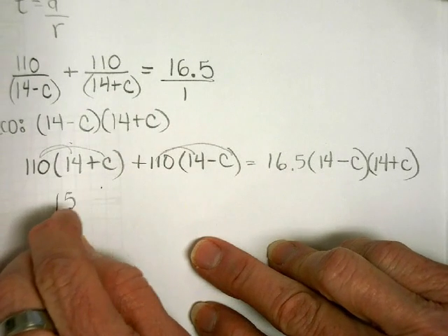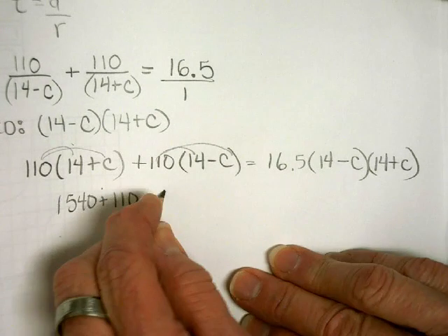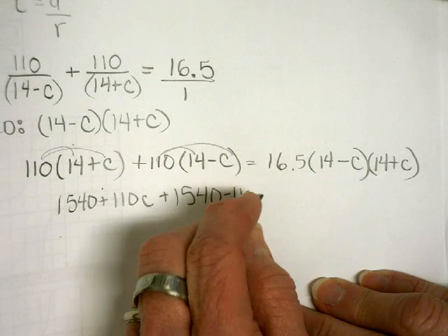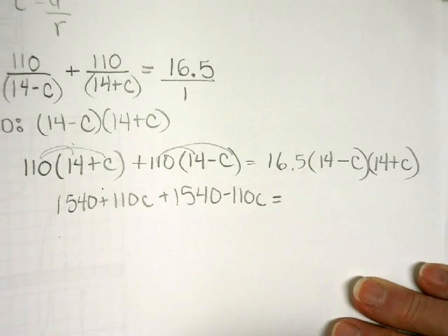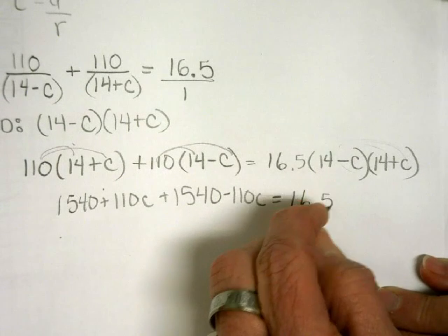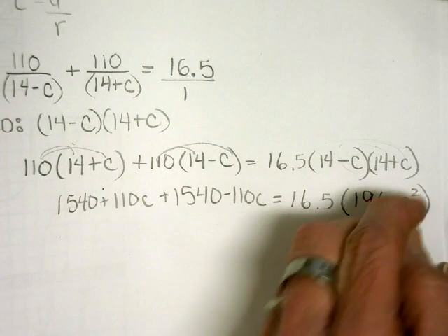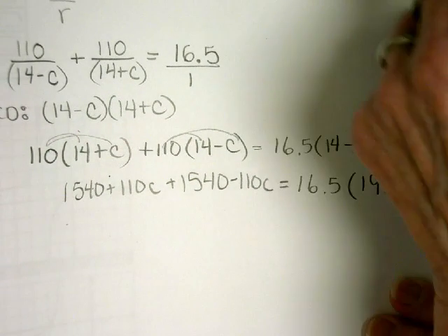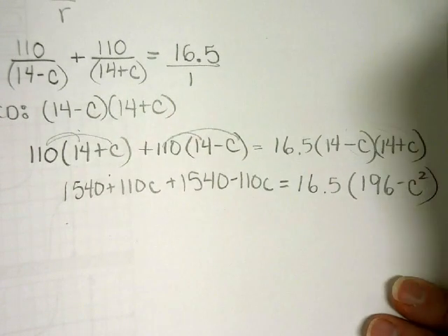I borrowed out my calculator to a student. 1540 plus 110C plus 1540 minus 110C equals, I have to do these two first, 16.5 times 196 minus C squared.